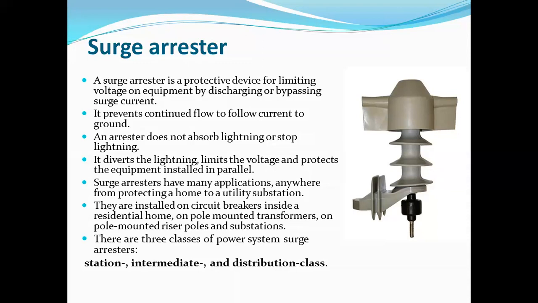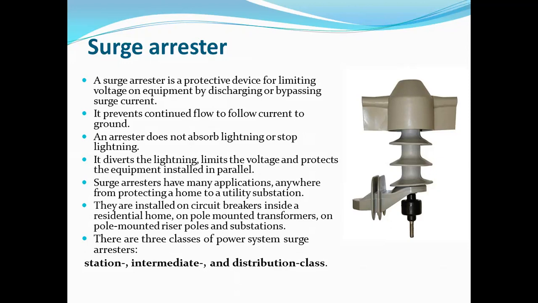Whatever be the voltage produced when any lightning stroke is there, or when voltage gets increased there, what does this surge arrestor do? This surge arrestor just diverts, or we can say bypasses, that voltage, and it is not absorbing that surge energy.